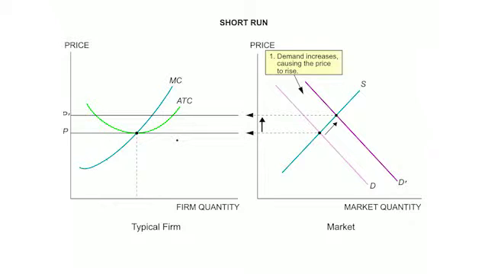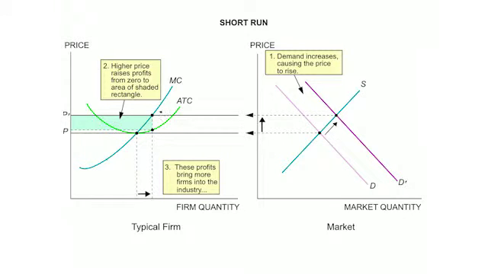And so we can represent that in the diagram by showing the new intersection of the price and marginal cost, which is right at this point here in the diagram. And then we can drop down to show that that is the new amount of production.